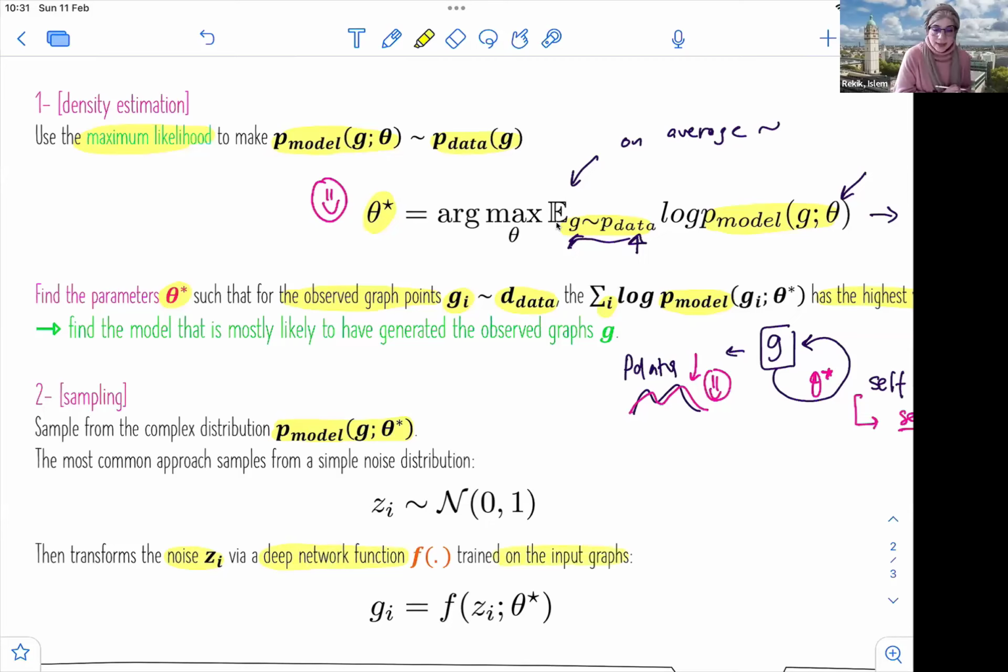We pass it through this function, and then we're able to generate a new graph. So by taking some noise representation or embedding and passing it through our network, we get the new generated graph.